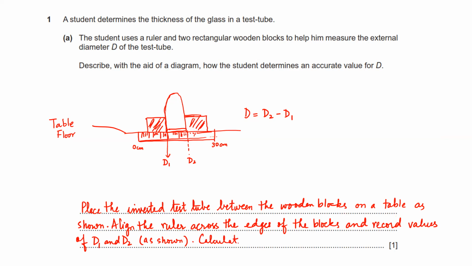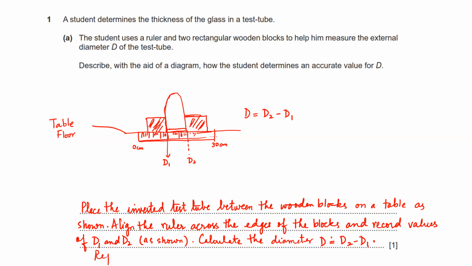Calculate the diameter D as D2 minus D1.